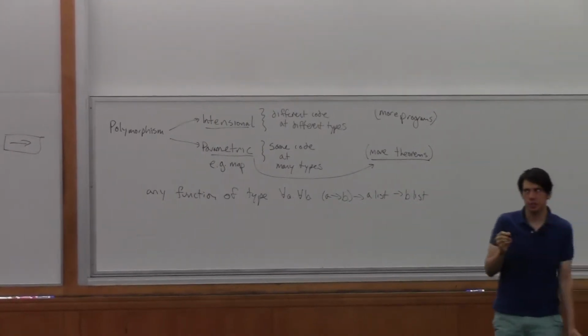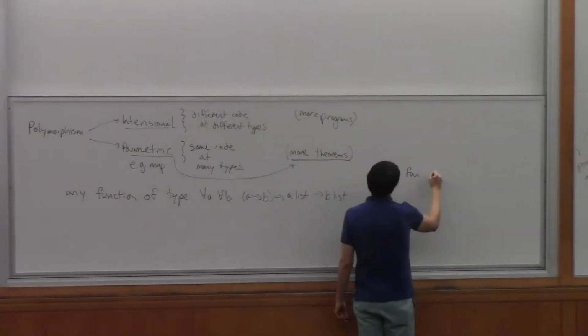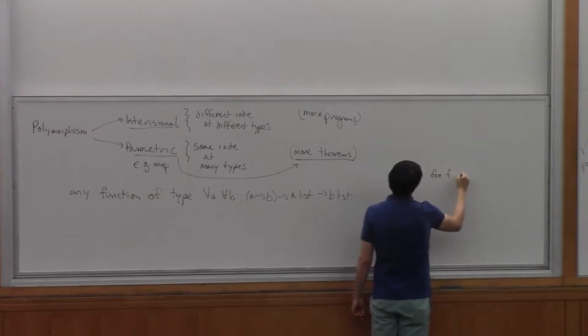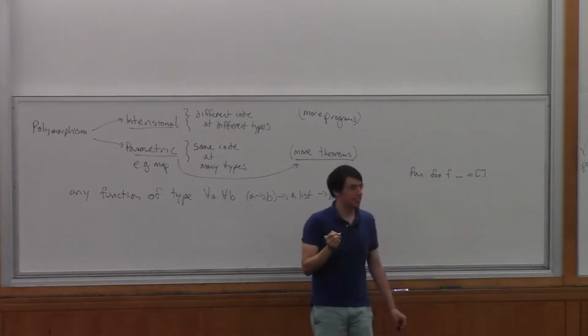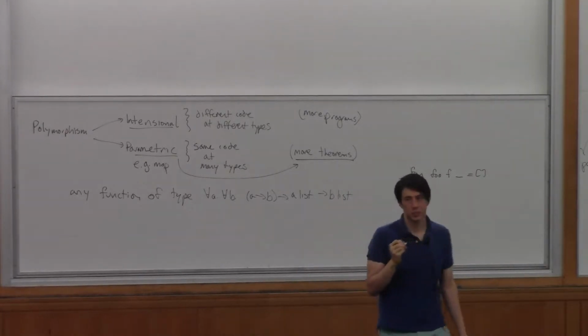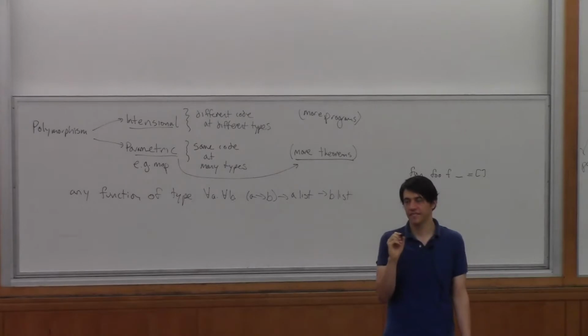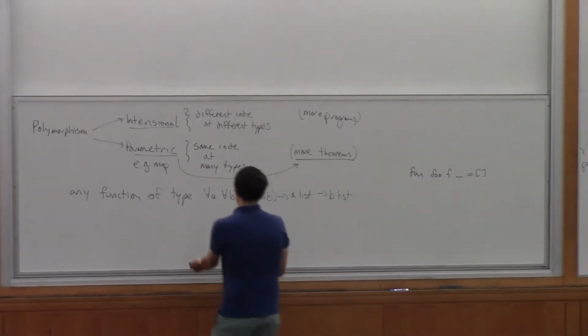Okay, it has to apply the function foo f underscore equals empty list, right? Exactly.